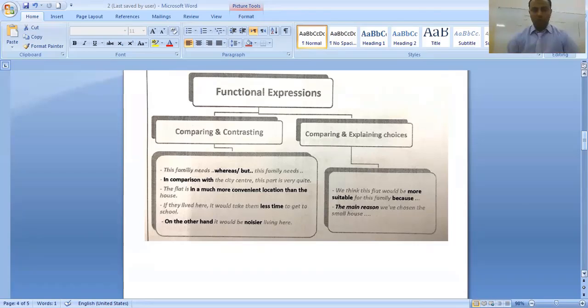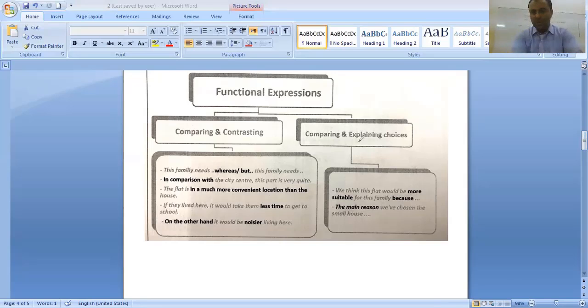Here we have two kinds of sentences and the relationship between the sentences. If I want to join sentences, there is some kind of relationship. Sometimes there is a comparing and contrasting relationship. So we use words like but, whereas, in comparison with, on the other hand. Sometimes you are asked to explain your choice, why you say so, why you choose this one.